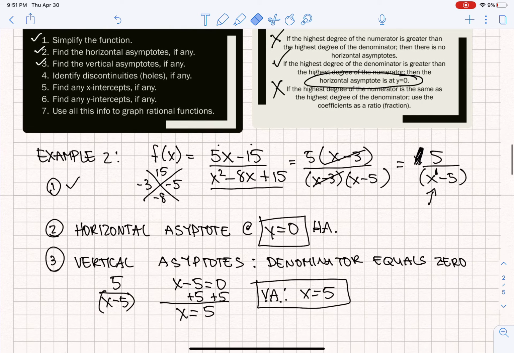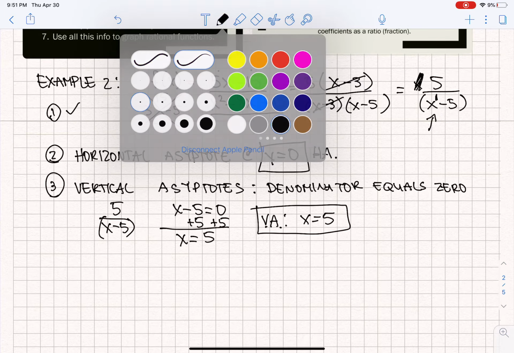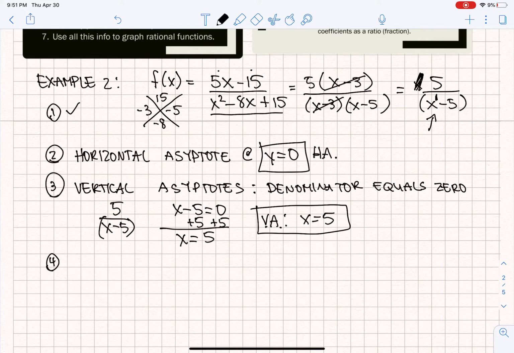We're going to do the same thing. 4, identify any discontinuities. All right, so let's do that. Did we cancel anything out when we simplified?